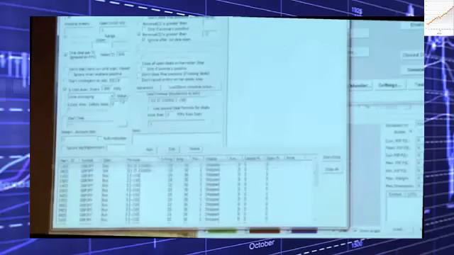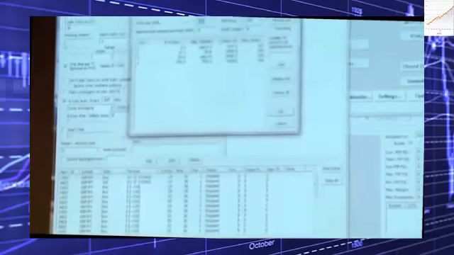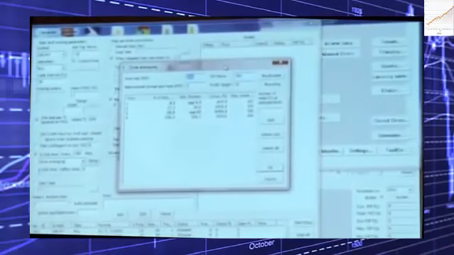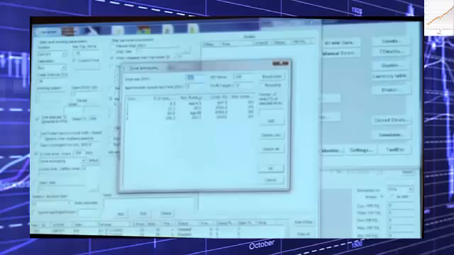And the zone recovery setup is over here. Can you see that? Right up there, this window. So I've got the zone size. That's the width of the zone. I have it set up at 200.